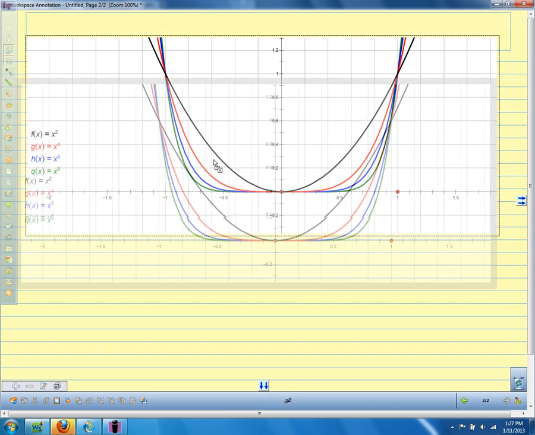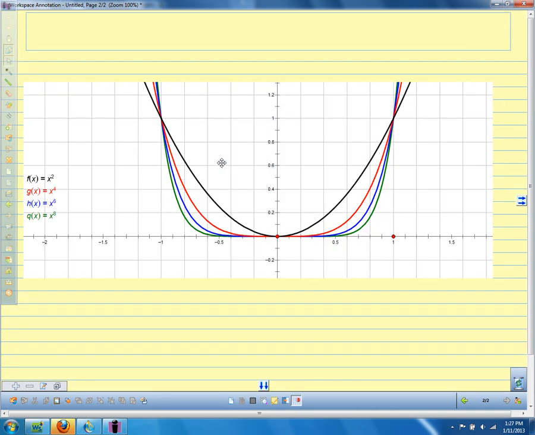So there are the graphs of some power functions. In black is f of x equals x squared, a nice parabola. In red we have x to the fourth. We're looking at just even power functions. In blue we have x to the sixth. And in green we have x to the eighth.